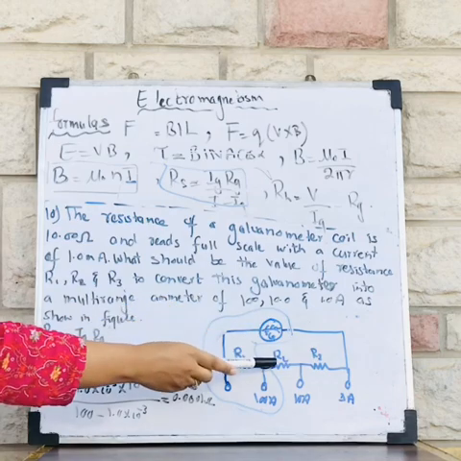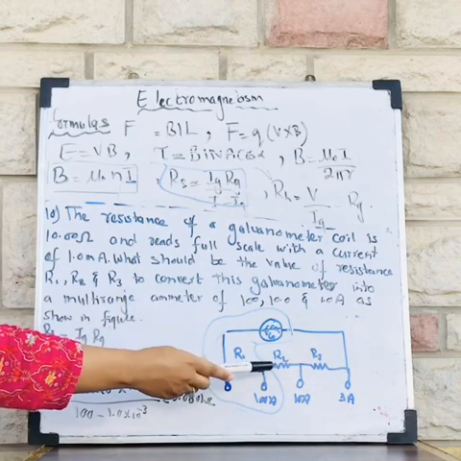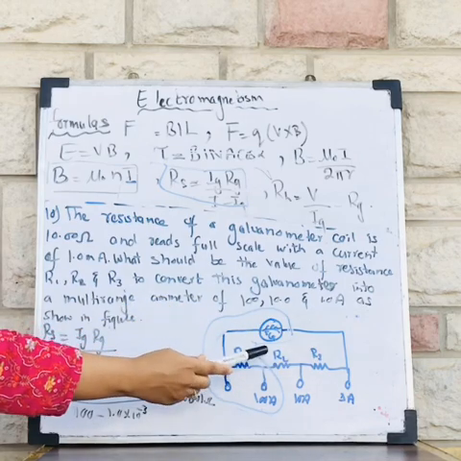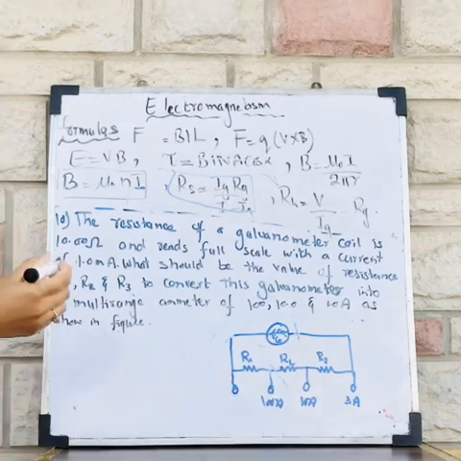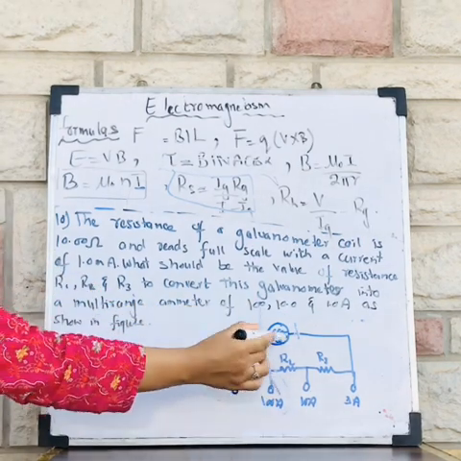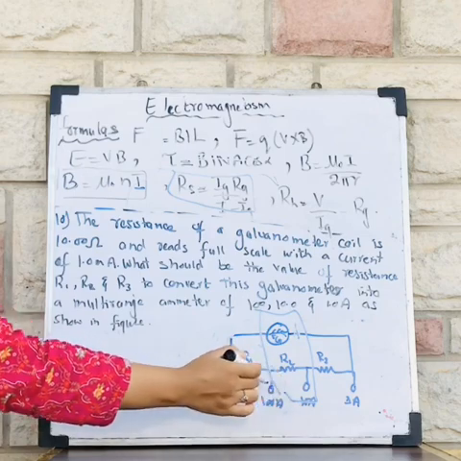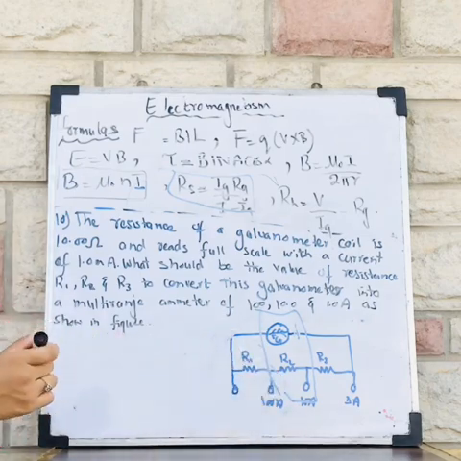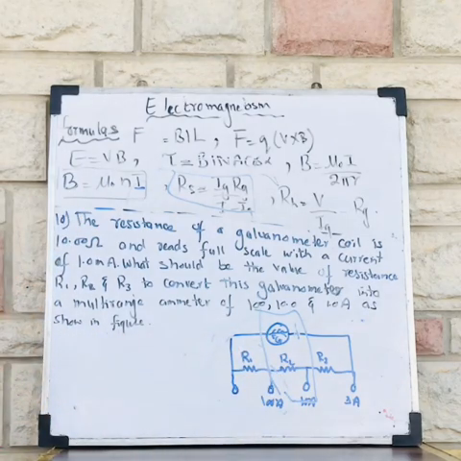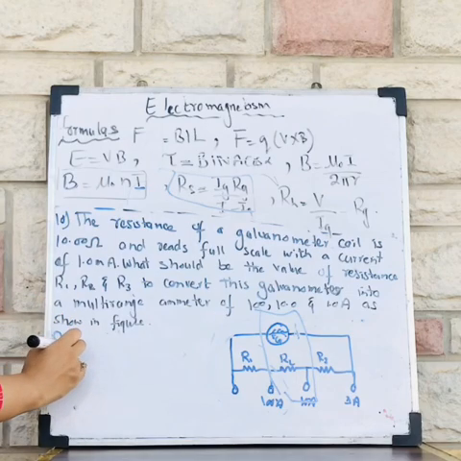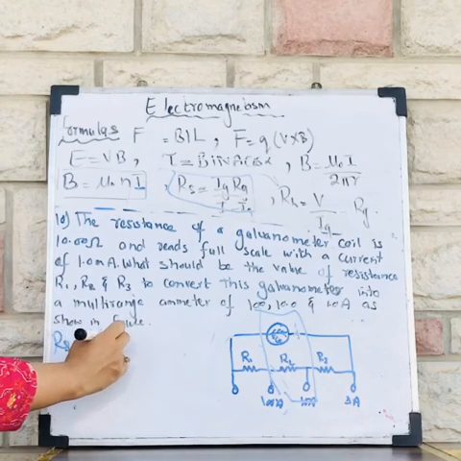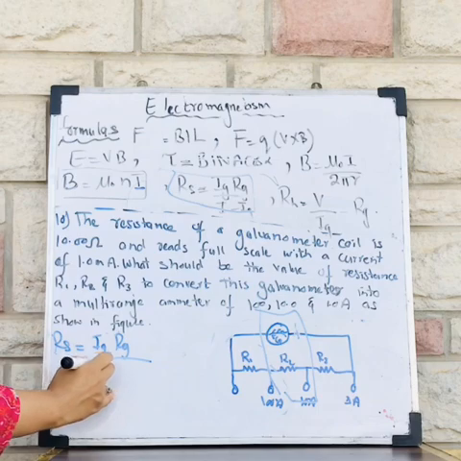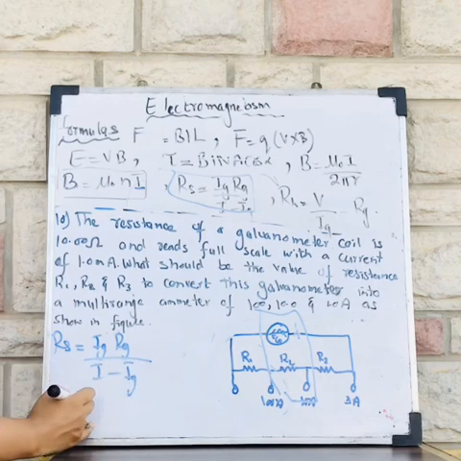Similarly, consider this portion and calculate the value of the shunt resistance for R2, I mean when I apply 10 ampere. Same formula: Rs equals Ig Rg divided by I minus Ig.